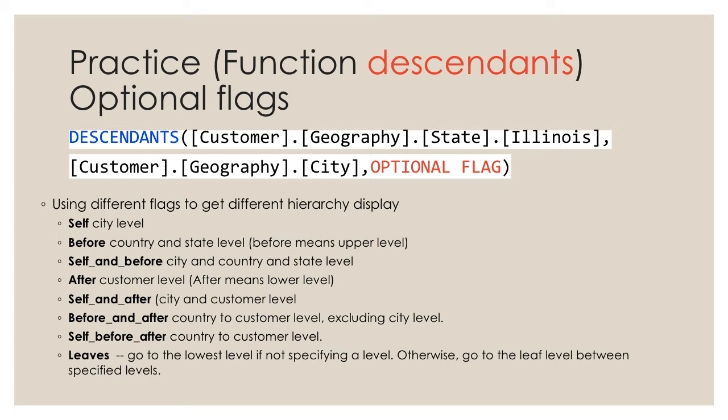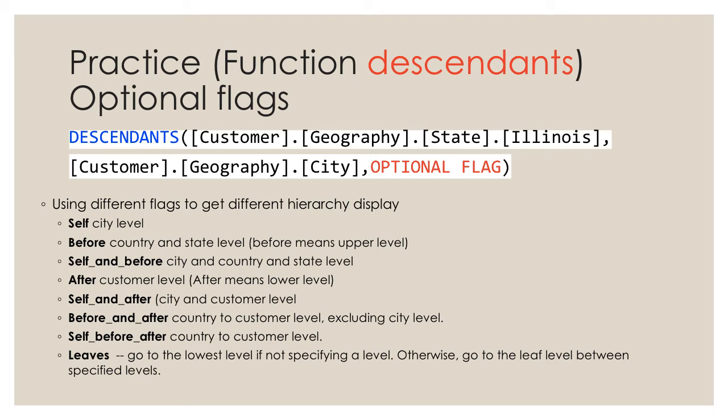If using this example, then self means city level. If you put self there, we're only going to get the results from the city level. Before means upper level. If you have the city as a level and then you put before, you're going to get country and state level.